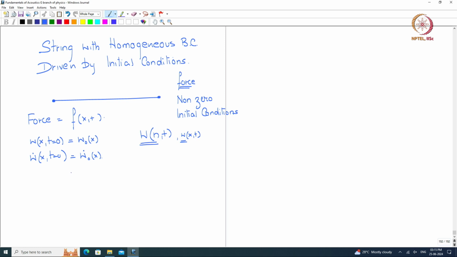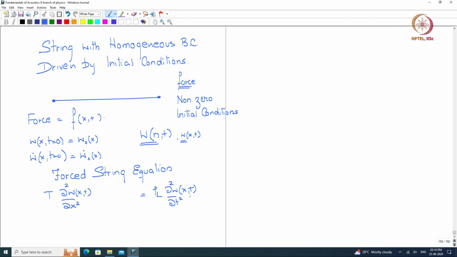So now the forced string equation. We did have T del 2 w of x comma t by del x square is equal to rho L del 2 w by del t square.